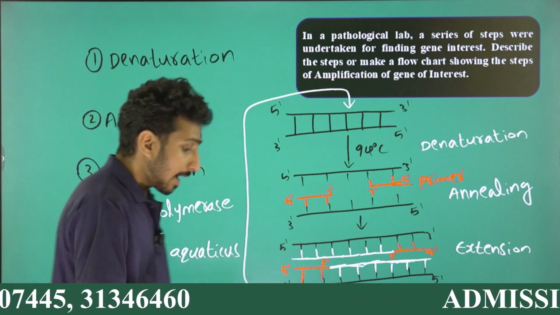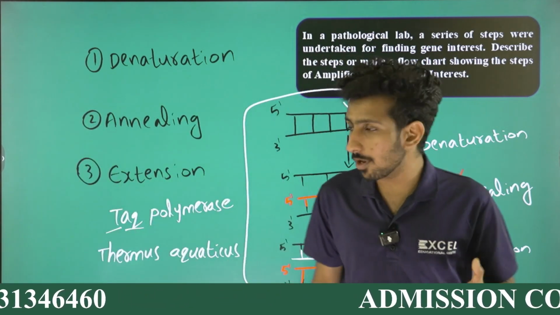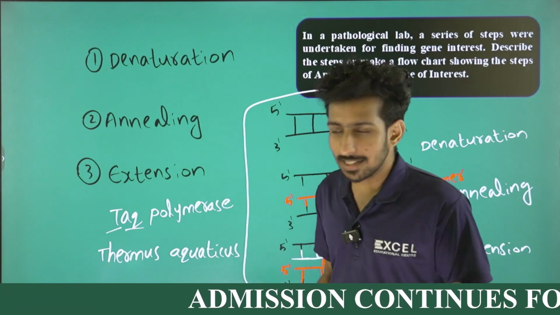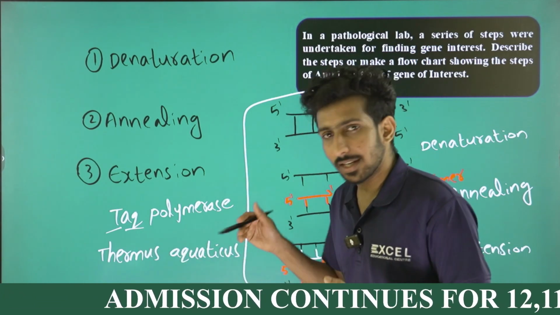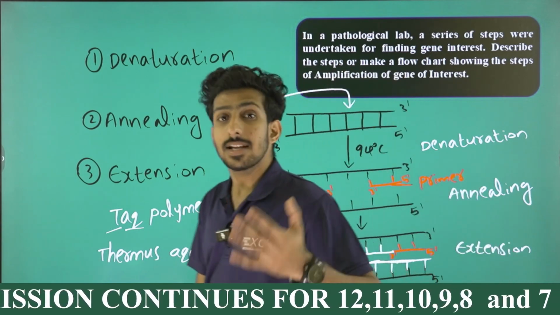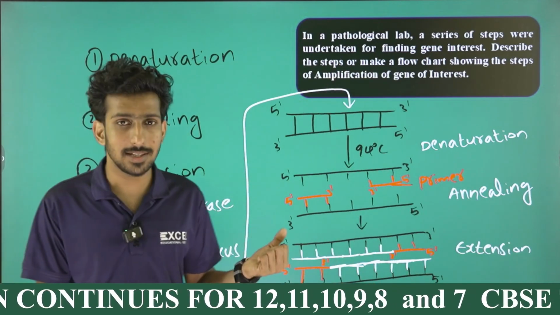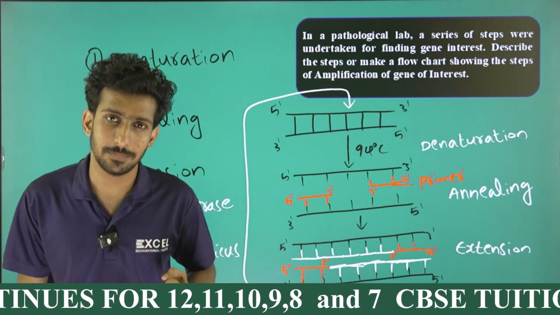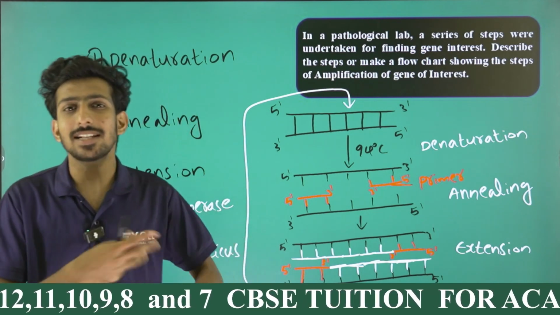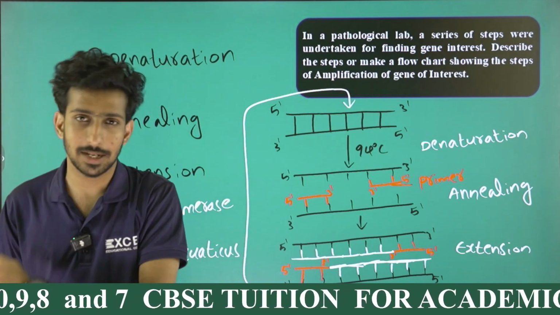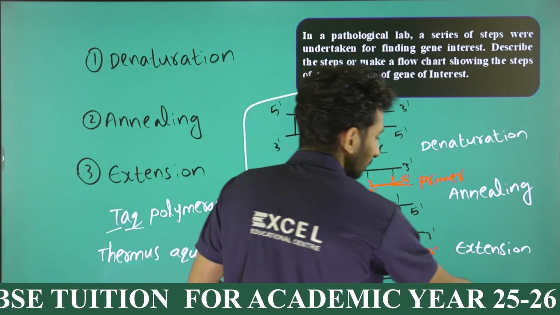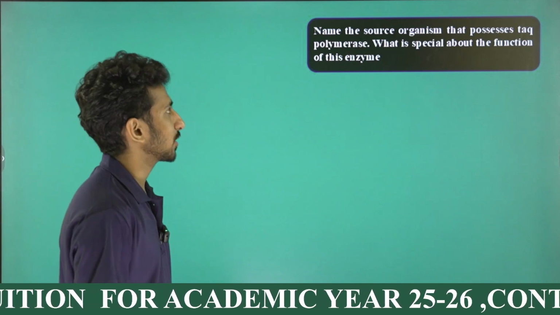Okay, see, the thermostable DNA polymerase enzyme Taq polymerase is extracted from a bacteria, Thermus aquaticus. Okay, this Taq polymerase is heat resistant, which means the Taq polymerase can tolerate high denaturation temperature. Got it? Okay, so let's move to the next one.